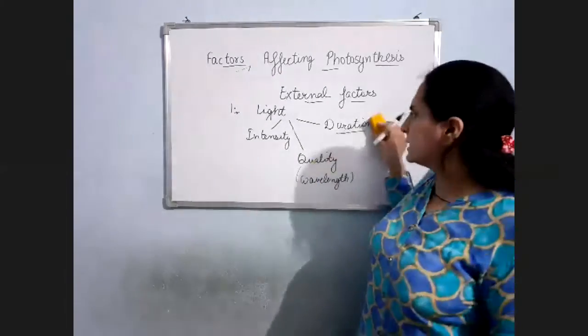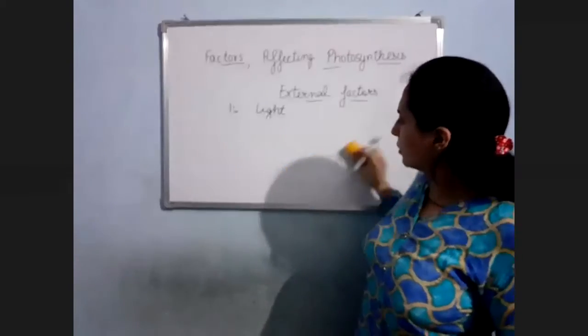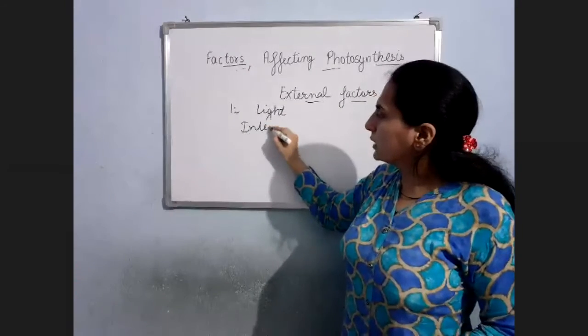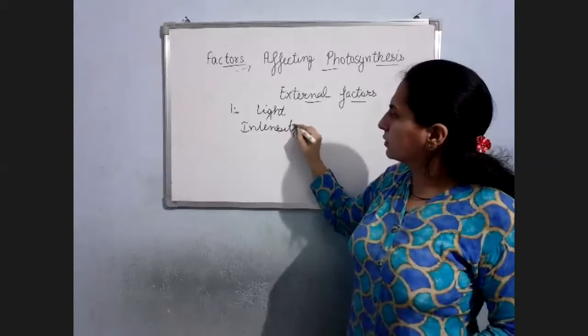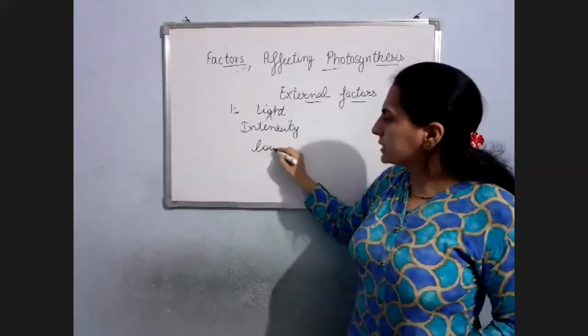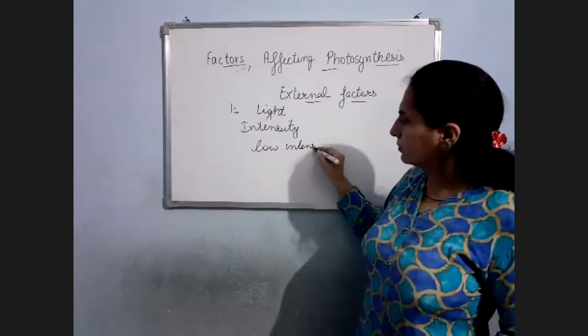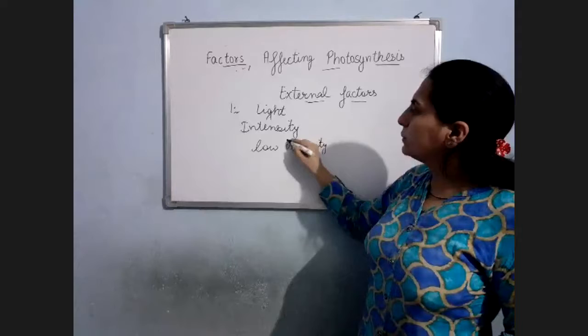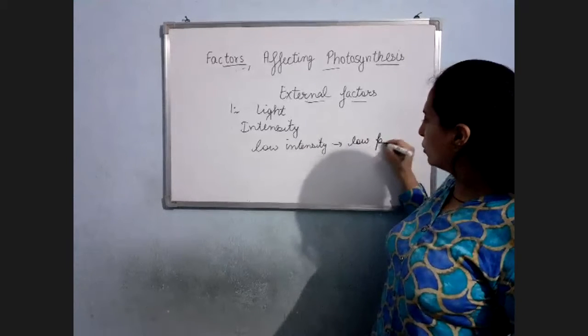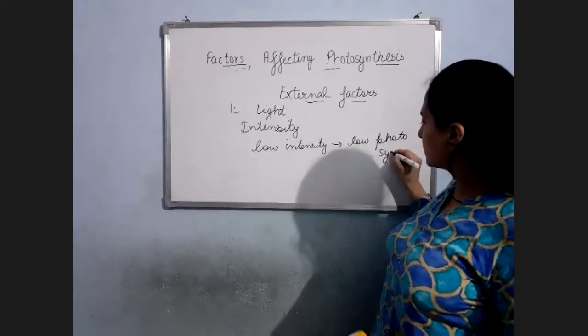So if I talk about the intensity of light, then I can write, if the intensity is low, it basically means low photosynthesis, right?